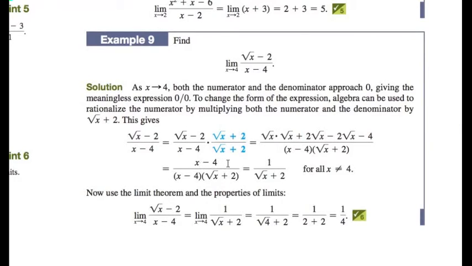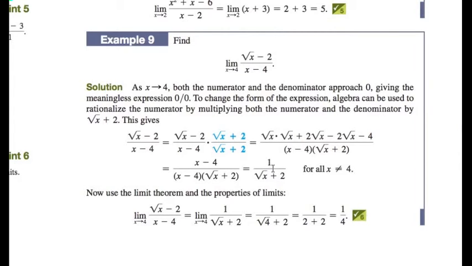Now that means that everything up top cancels out. If everything cancels in a fraction, numerator or denominator, there's understood to be a 1 left there. So that's why we have this 1 in our numerator, because everything cancels in our numerator. So we end up with 1 over the square root of x plus 2.